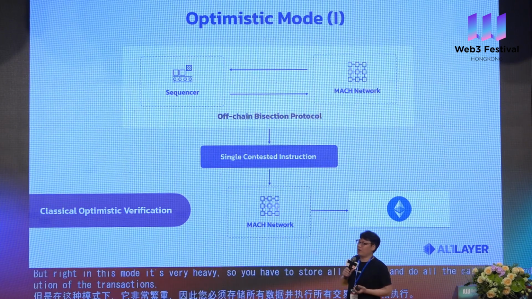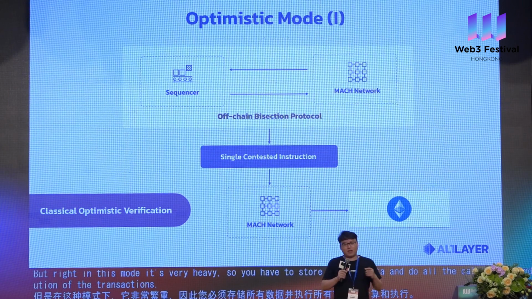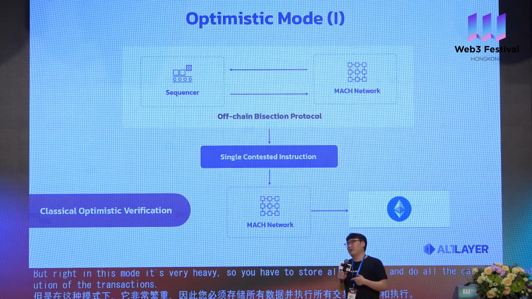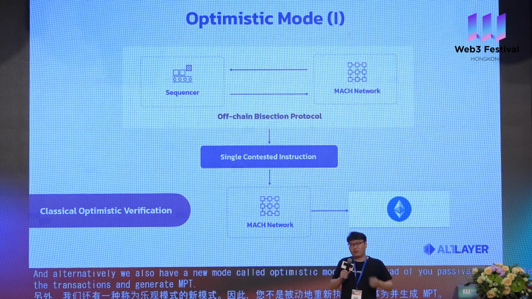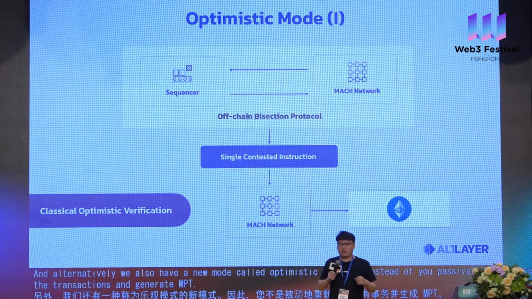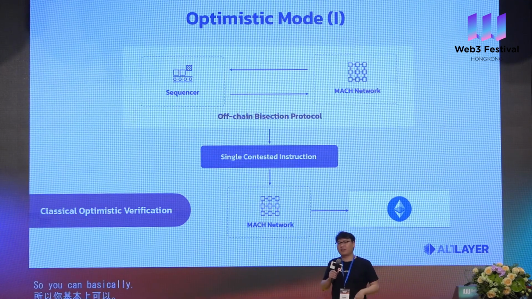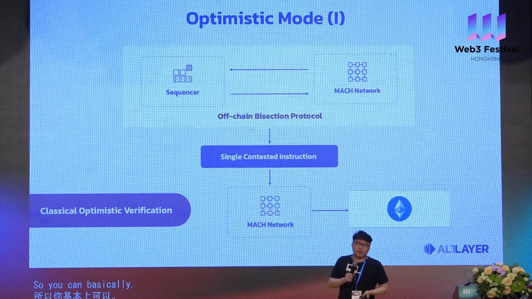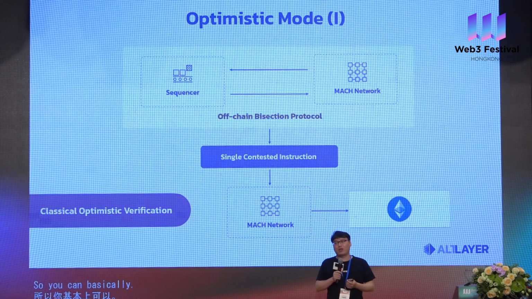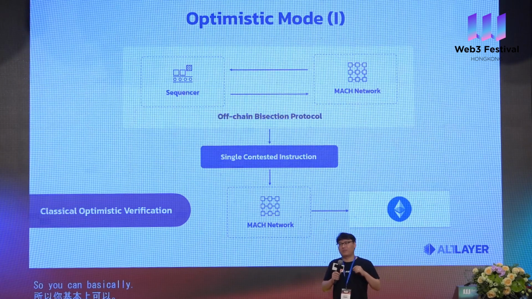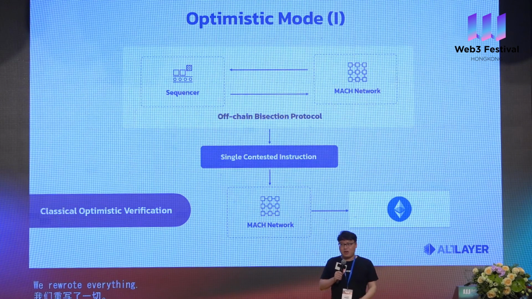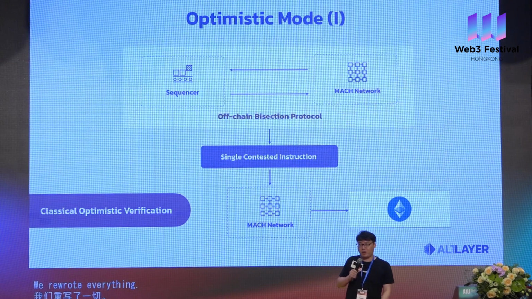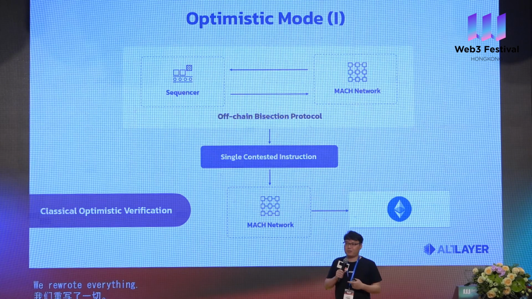Alternatively, we also have a new mode called optimistic mode. Instead of passively re-executing all the transactions and generating the MPT result, you can basically run a stateless client created by us. For example, for OP Stack, we rewrote everything as a stateless client, so you can just run a very small piece of software to recalculate the MPT tree.